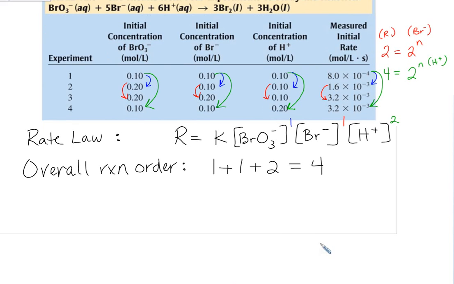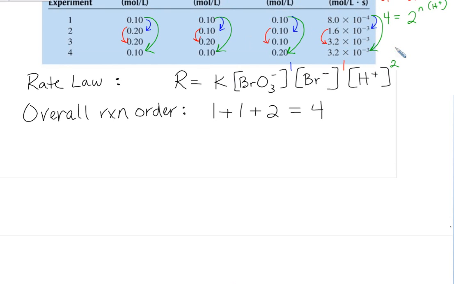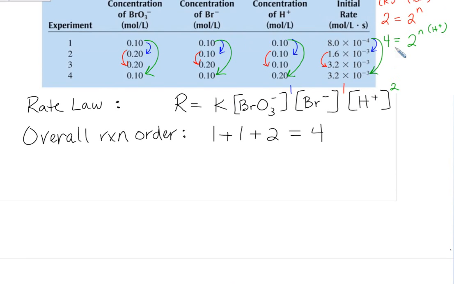And then finally, we want the value of the constant and the units of the constant. So now that we have our rate expression and we know these orders, you can, again, pick any trial of data, sub in, you've got the rate, and solve for K. I usually pick the first trial, just because I can.